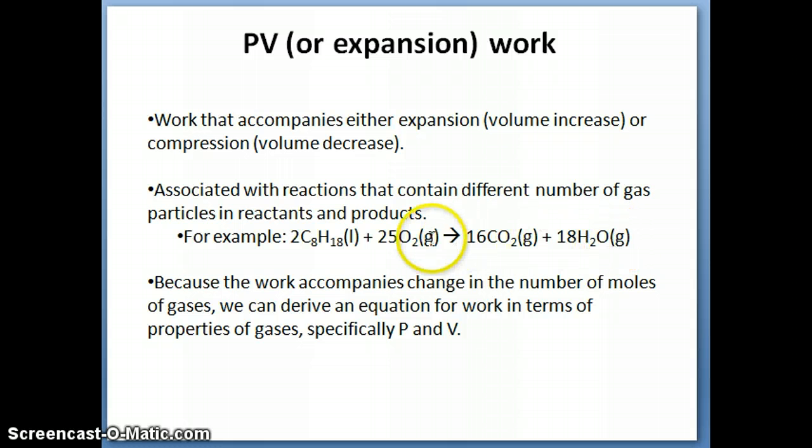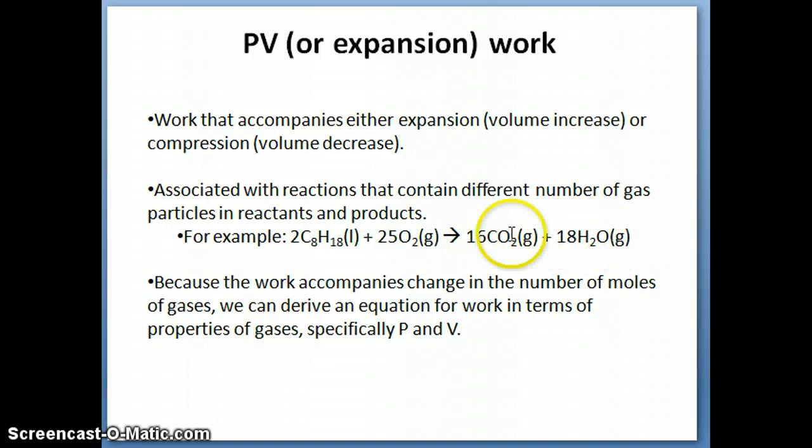Okay? Now, this is the type of reaction that will result in an expansion or a volume increase. And the reason is because if you count the number of particles of gas on the left side, on the reactant side, you find that there's 25 because the octane is a liquid. And then on the right side, you have 16 plus 18 gas particles.